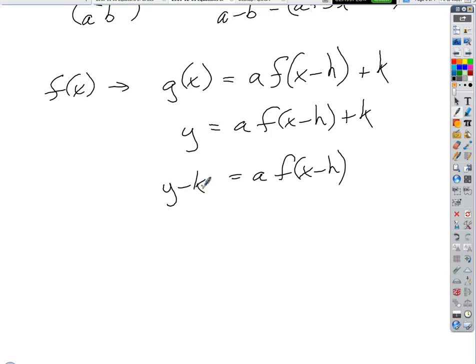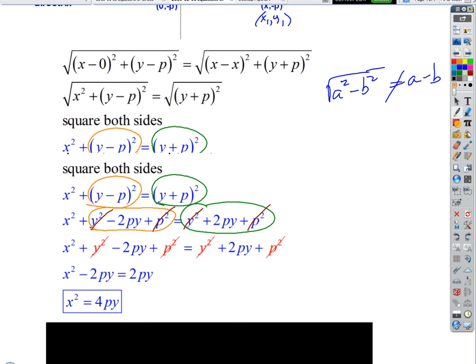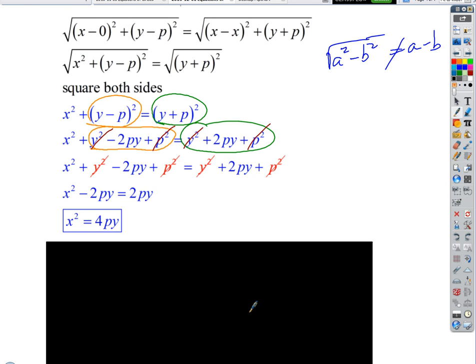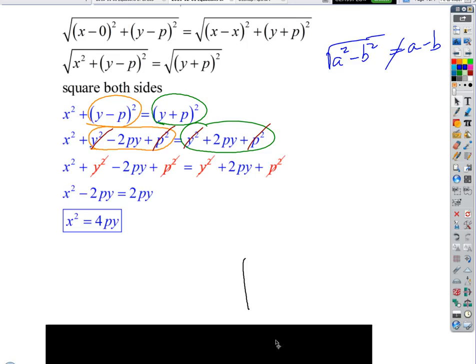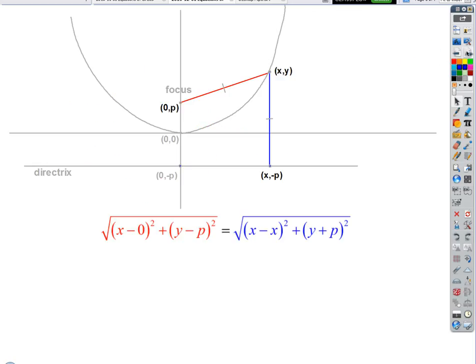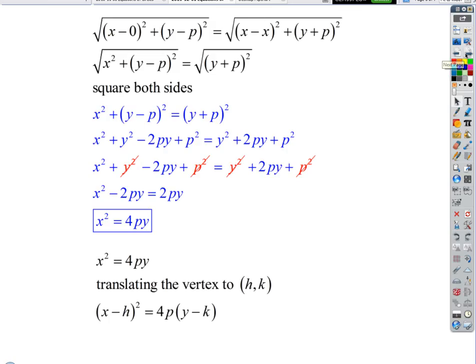If I want to slide things horizontally and vertically, all I've got to do is replace the x with an x minus h, and the y with, what did I just do? And the y with a y minus k, right?